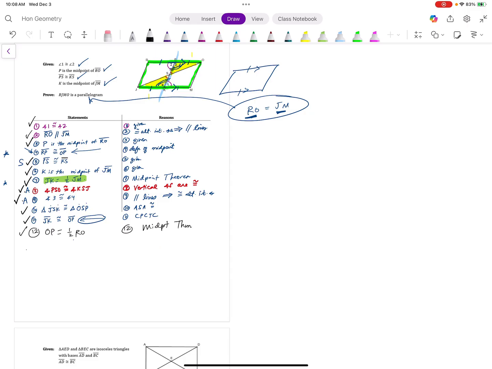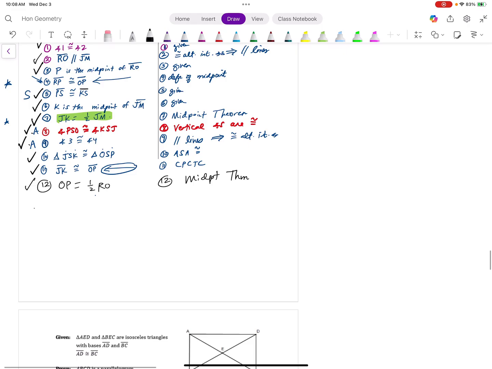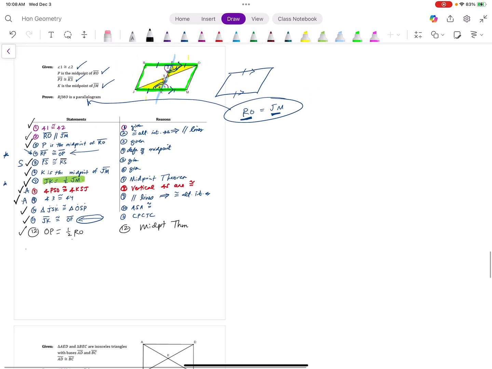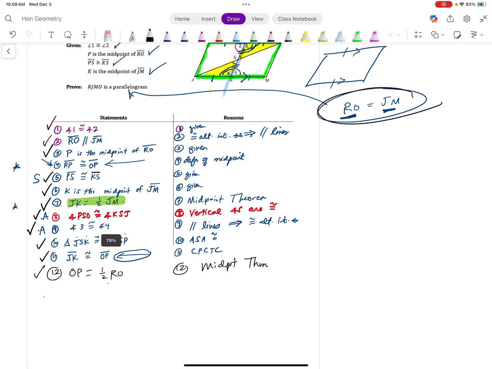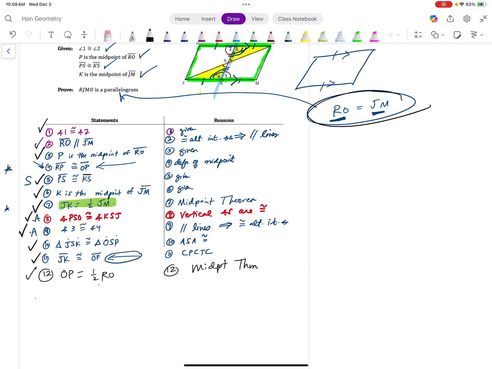So far, I'm trying to get RO and JM the same. Okay, how am I going to do that? Okay, I've got, let's put these back in.